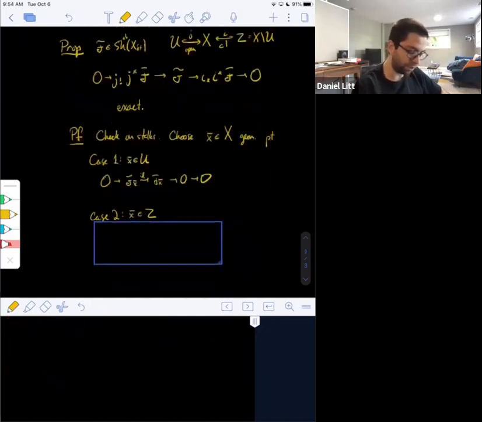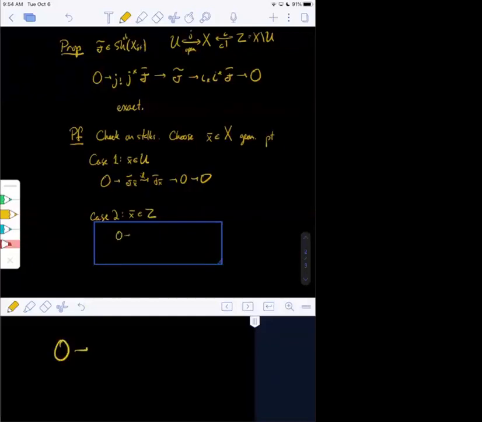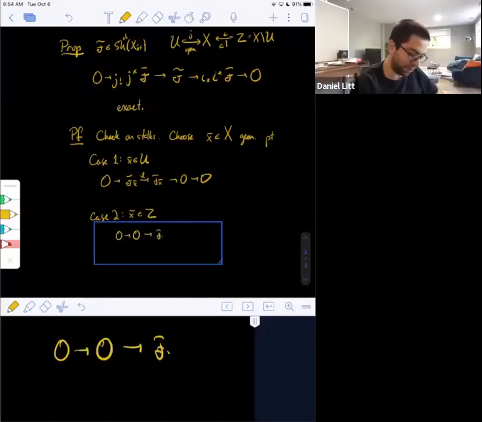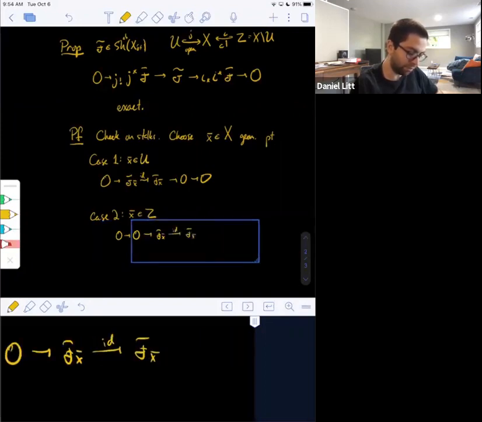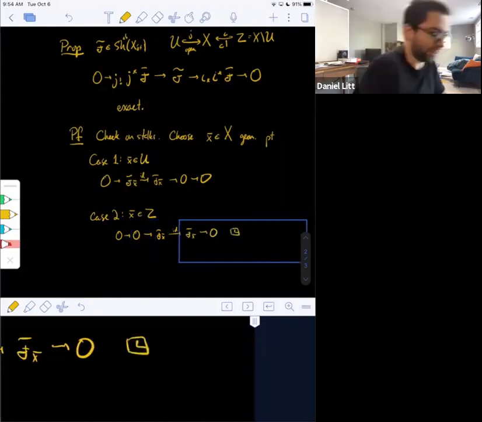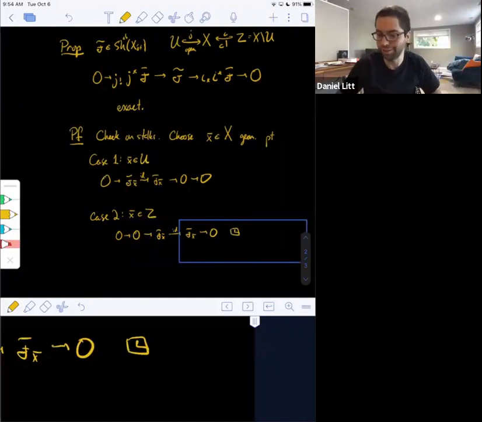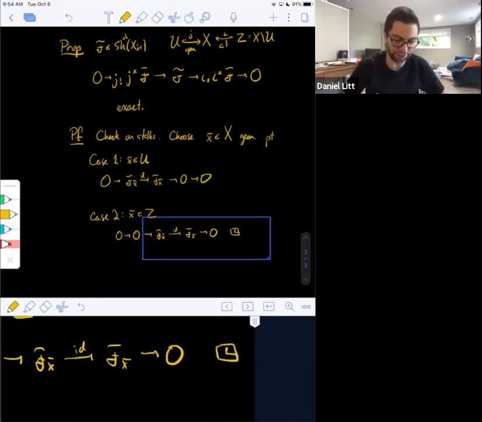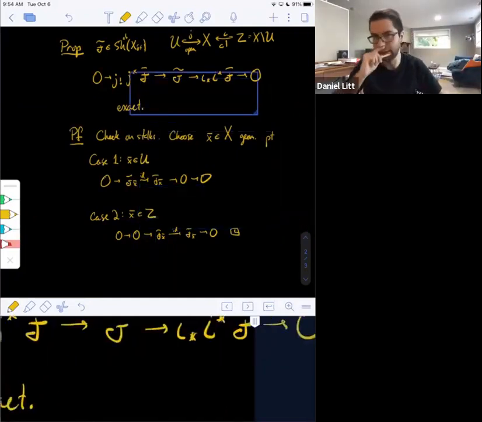What about if x bar is in Z, what happens? A 0 on the first component. Yeah, exactly, you get 0 to F at x bar to the identity to F at x bar to 0. Great, that's the proof. And you should check for yourself that the maps we've gotten here actually agree with the maps that we constructed, for example, via adjointness or using a concrete description.